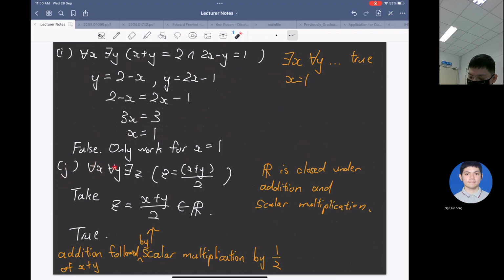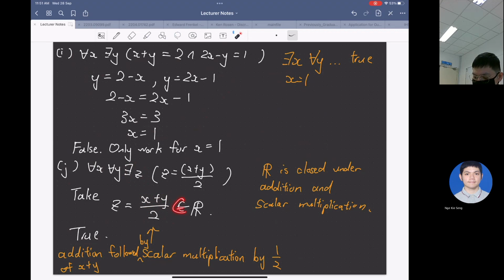For every x, for every y, there is a z such that z equals (x plus y) over 2. True or false? True. So you need to find me a z. You just take z as (x plus y) over 2.